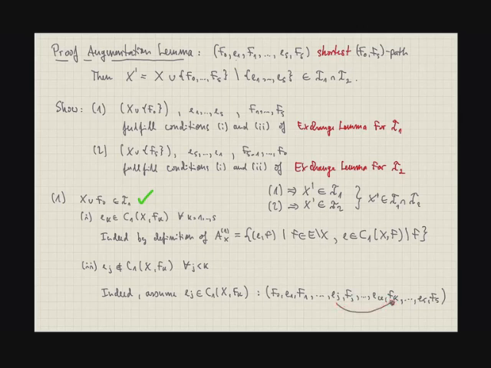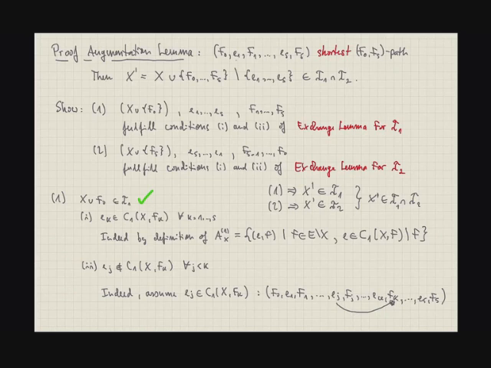So that cannot be. That's a contradiction to the choice of this as a shortest path, right? So here you exactly see the choice of a shortest path from the set Sx to the set Tx makes sure that we can prove that the second disentanglement condition for the exchange lemma is really fulfilled.